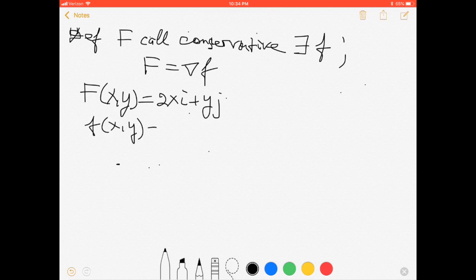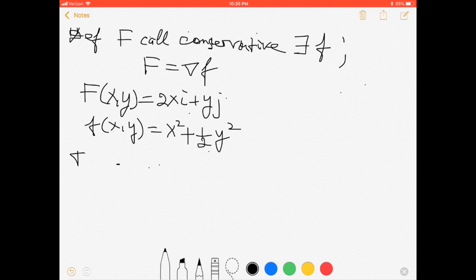It means the partial derivative for x equals x, so we have x squared over 2, and the partial derivative for y equals y, which means we have plus 1/2 y squared. This means this vector field is conservative.